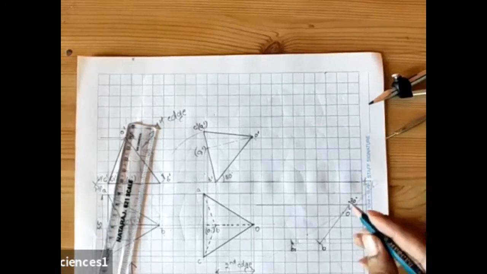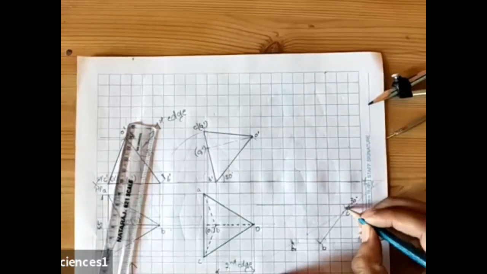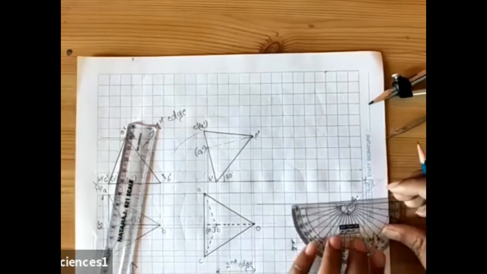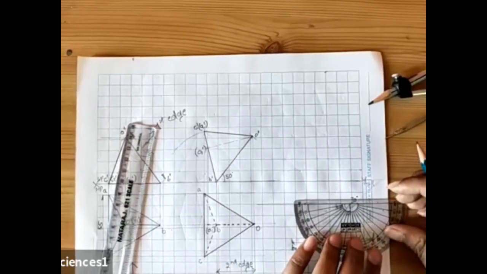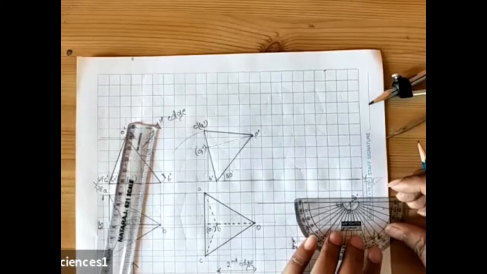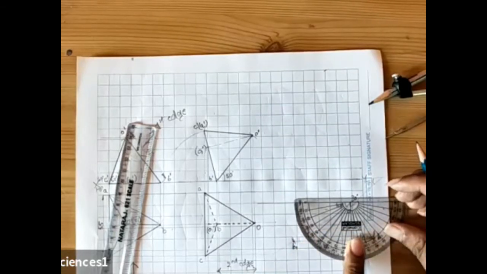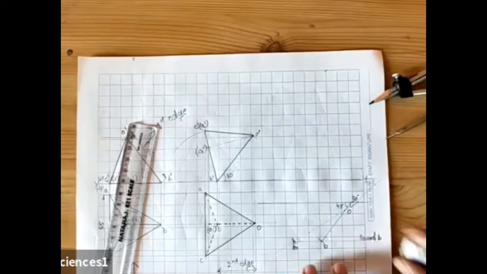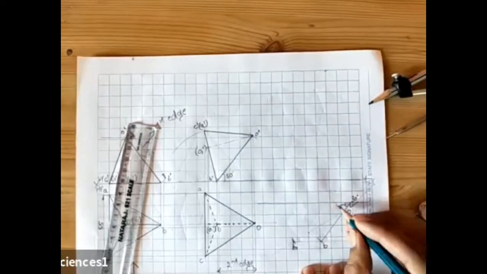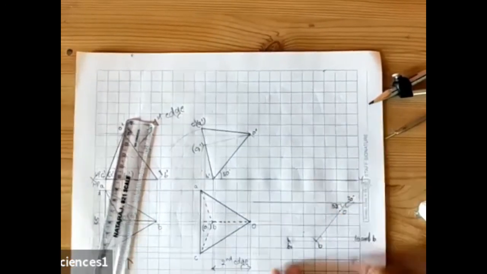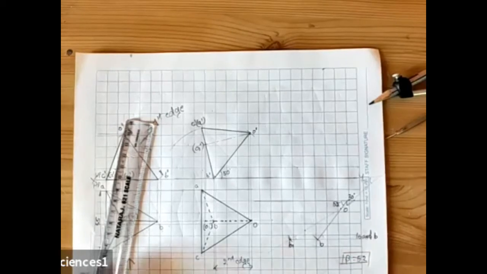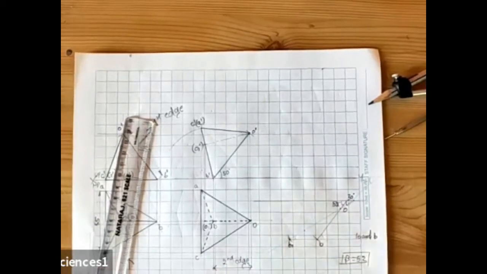Sorry, one second. It is 52 degrees which I'm getting. So the beta angle is equal to 52 degrees. Whatever angle you get, just mention it. Now we have found the apparent inclination.